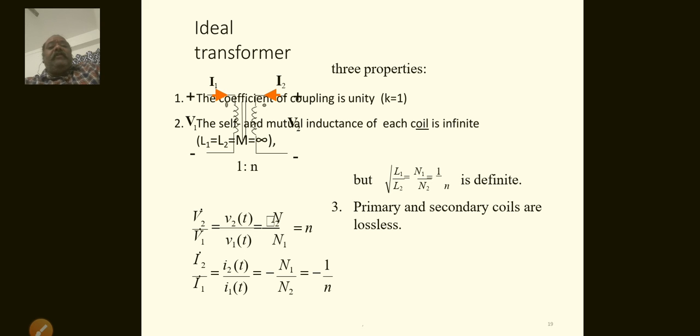So V2 dot by V1 dot is equal to V2 of t minus n2 by V1 of t minus n1, which is equal to n. So therefore I2 dot by I1 dot is equal to I2 of t by I1 of t, which is equal to minus N1 by N2, which is equal to minus 1 by n.